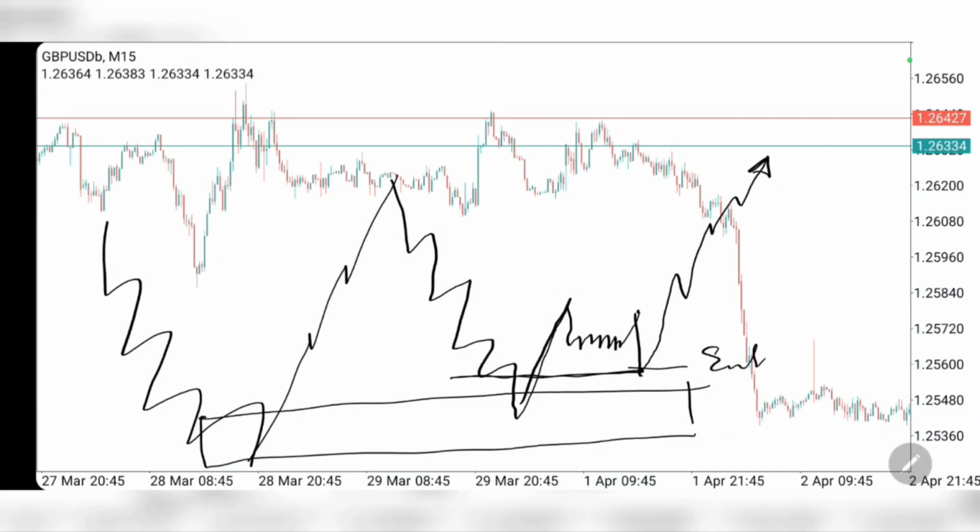So this is entry, this is your stop loss, and these are liquidity pools that we are taking out before your entry. So this is the second advanced Quasimodo strategy.